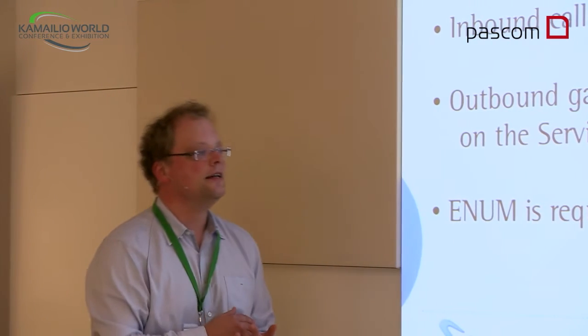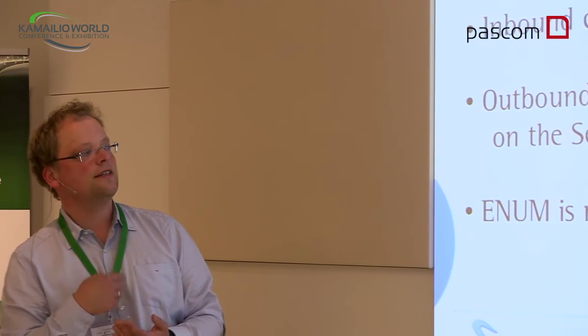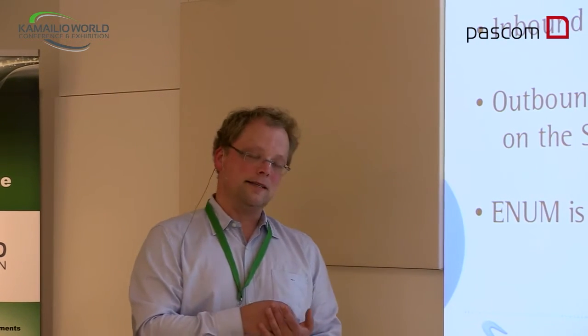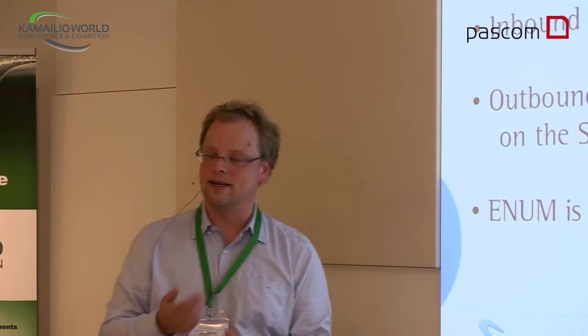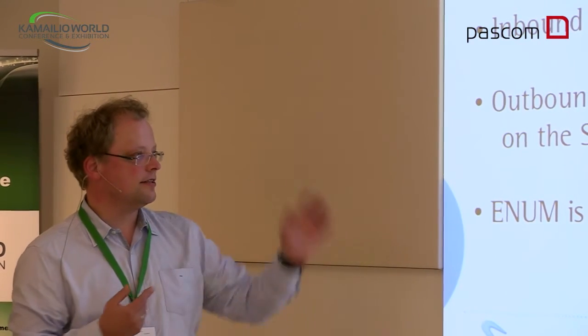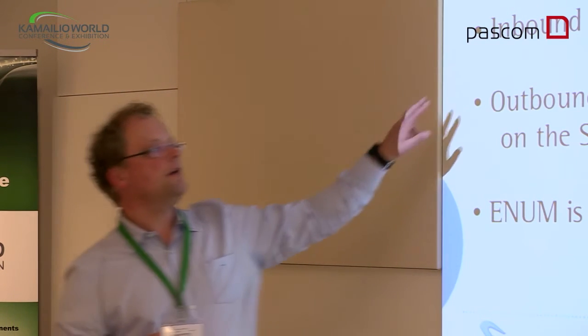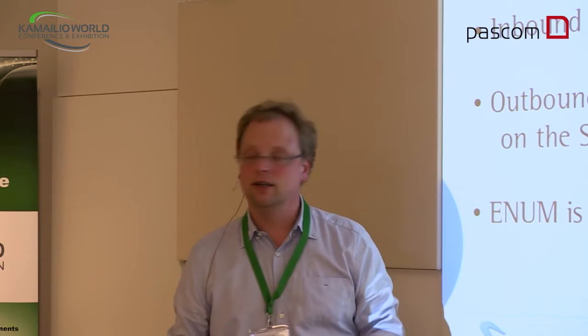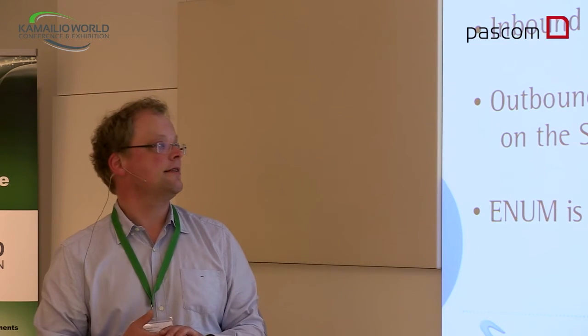On the other hand, if I want to make an outbound call, the serving CSCF will basically send it directly to the destination party, to the destination gateway. For inbound calls, we basically don't need to define anything specific on our interrogating CSCF. We just have to open the firewall, so it can talk to our Kamailio sitting at the interrogating CSCF.